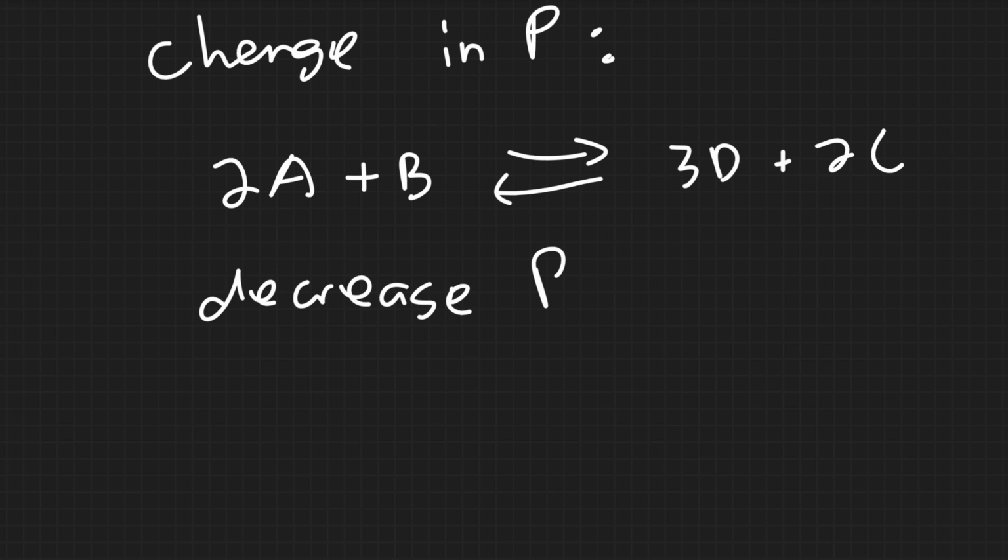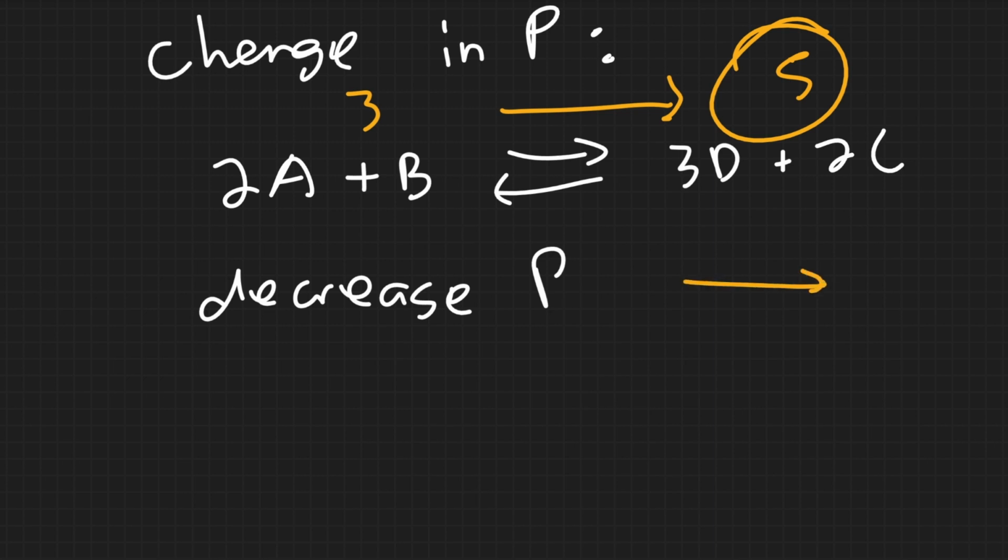So to get back to equilibrium, I need to increase the pressure. So I'm going to look here and I'm going to say, okay, I have 5 moles here and I have 3 moles here. So in order to get the pressure to increase, I need to shift towards the side with the higher number of moles.